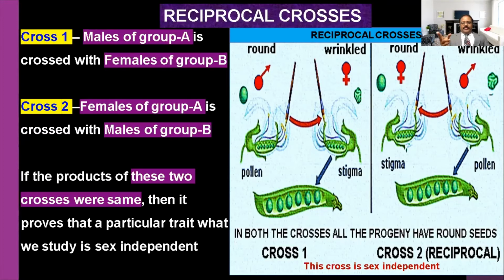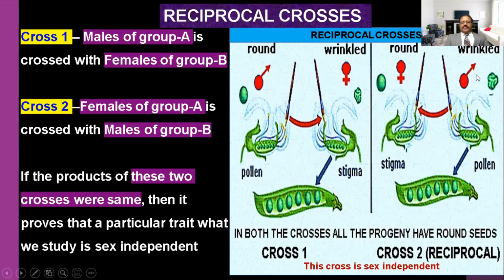The second cross is called the reciprocal cross. Now this round seeded plant acts as a female. The wrinkled seeded plant, this is the wrinkled seed, this is the round seed, acts as a male. So it has the anthers. From the round seeded plant, we cut and remove the anthers.